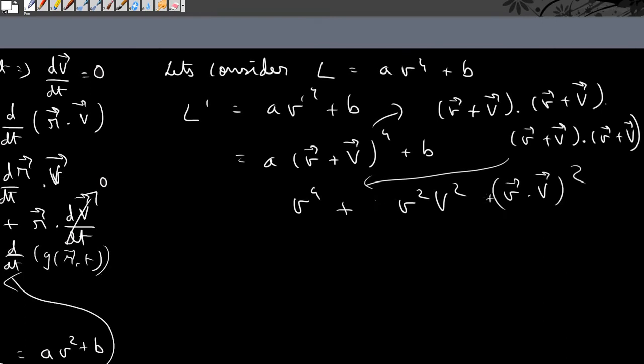Obviously they will have some coefficients, plus some other terms. If you expand and observe, this has terms of this kind, which is basically dr by dt the whole square.